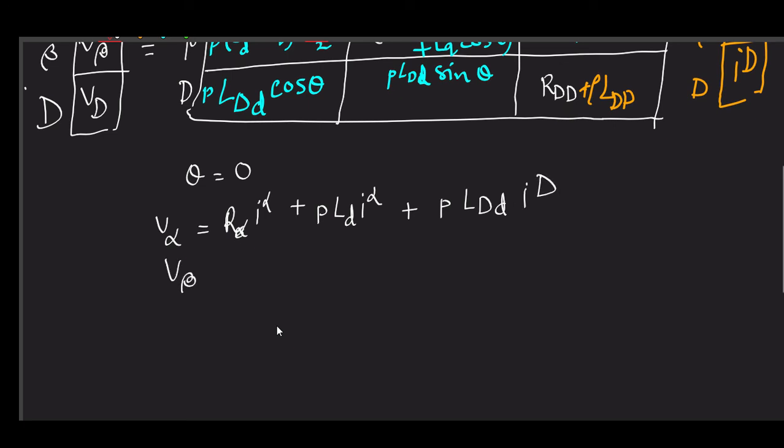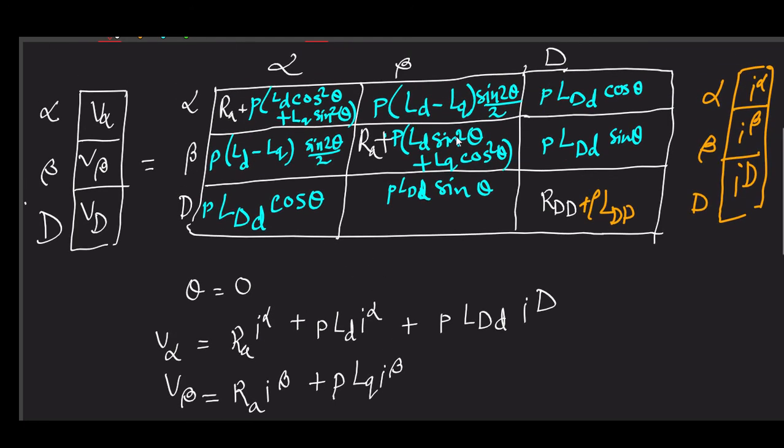V beta will become zero, because if you put 0, then for all these equations these two terms will vanish.